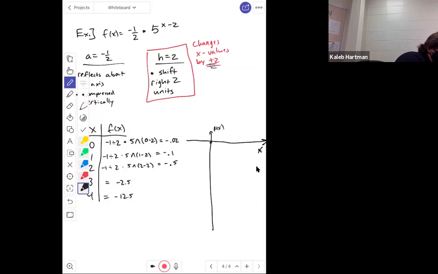When I plugged in 0, we got negative 0.02, so that's still really close to 0, really close to the origin, just below it. I probably need to make my f of x-axis a little closer together. So bear with me here.